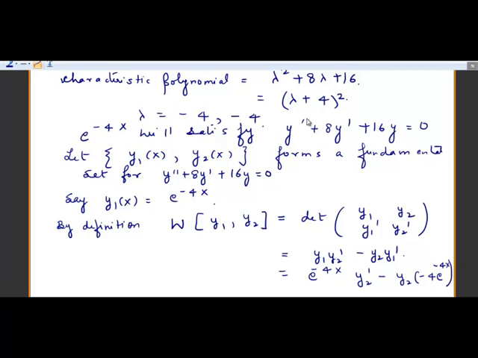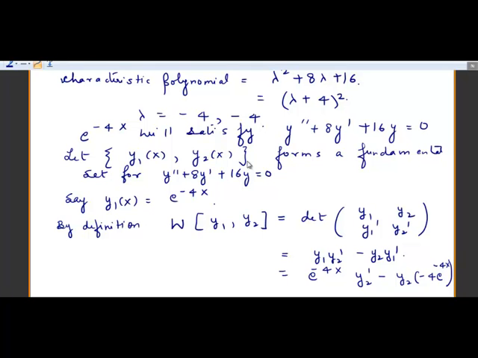And we know how to solve a first order linear differential equation: integrating factor. We'll use the integrating factor to solve that equation, and that's how we end up getting the second member y2. So that's the big picture.